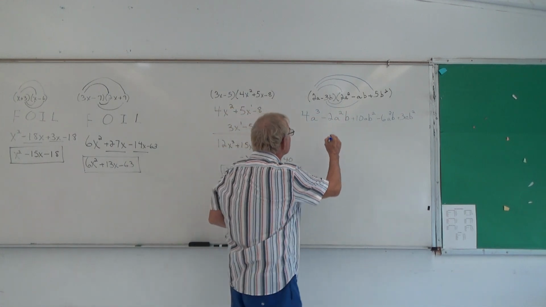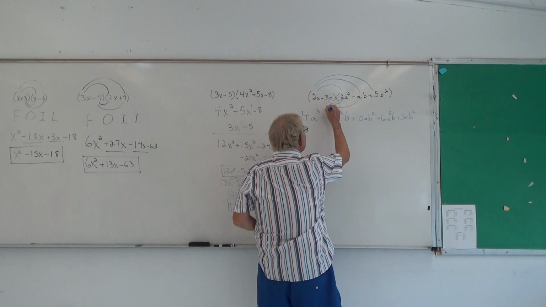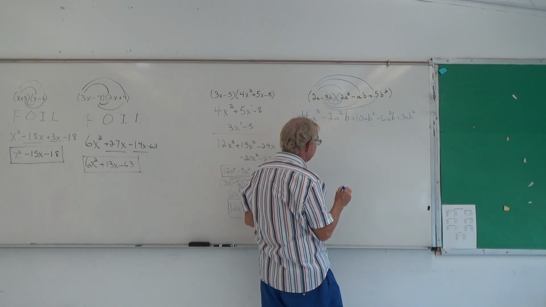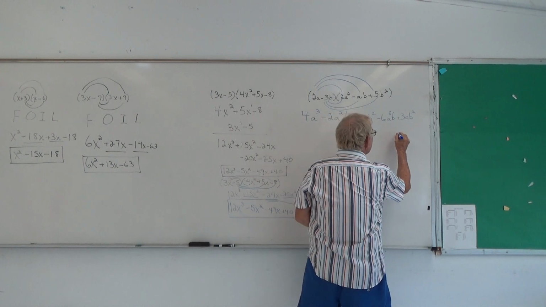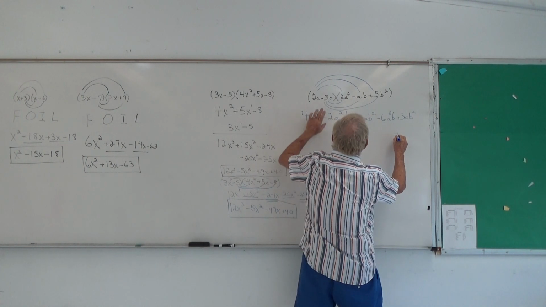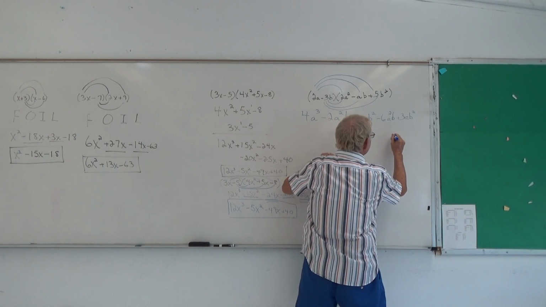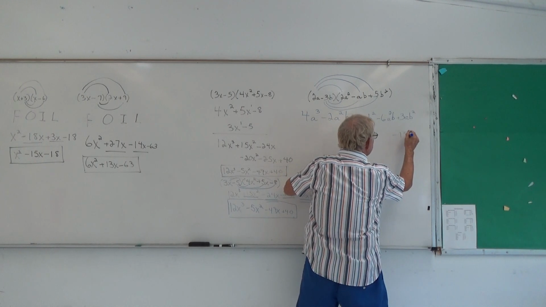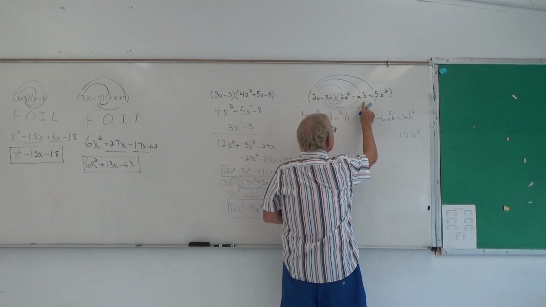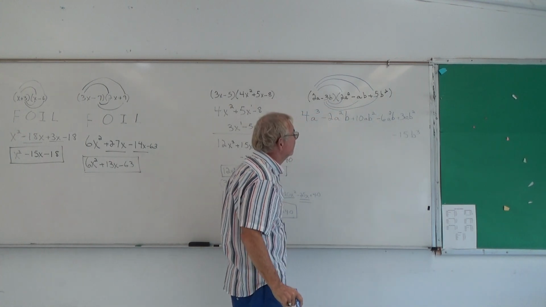And then last, you got a -3b times a 5b squared. Let's write it here so it's not in the corner, which would be -15b cubed. That's the -3b times the 5b squared.